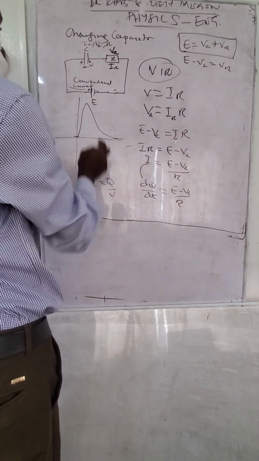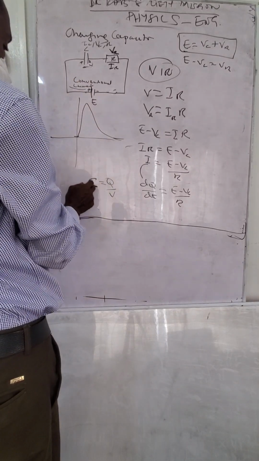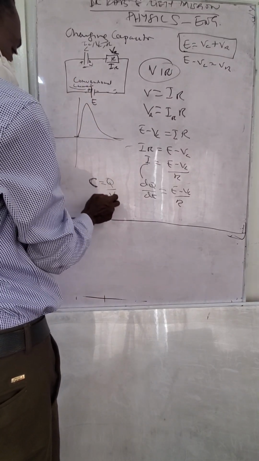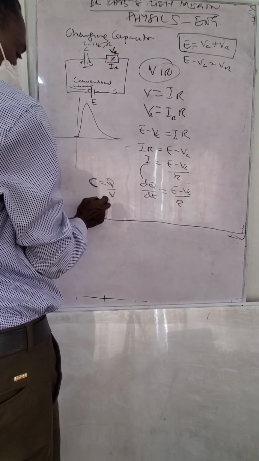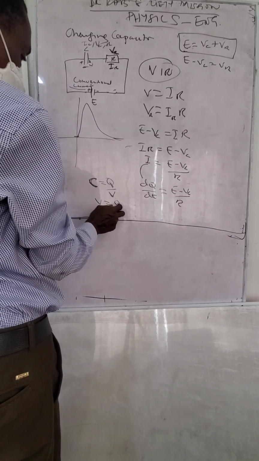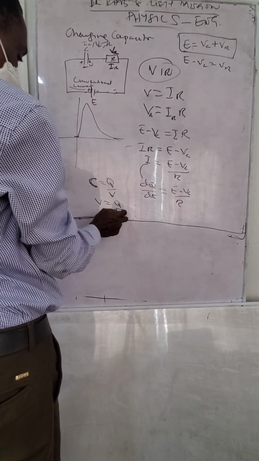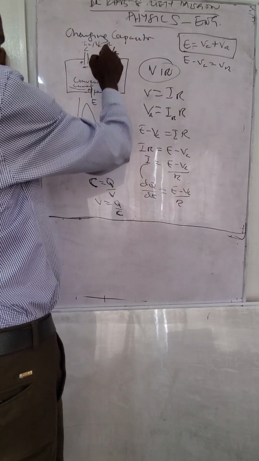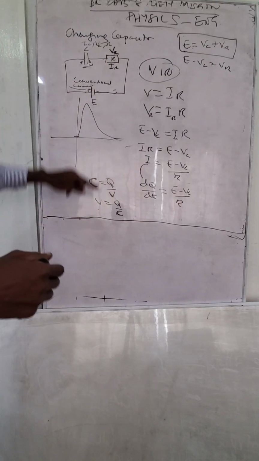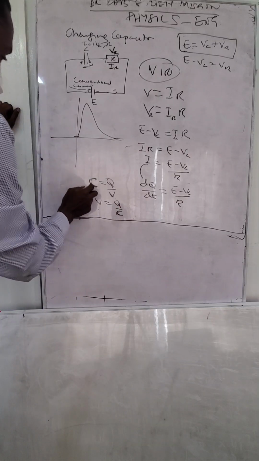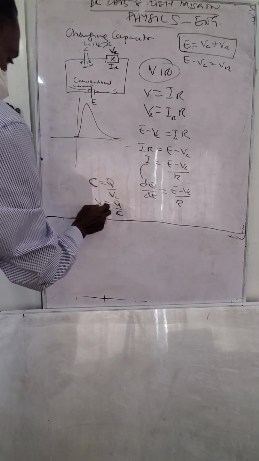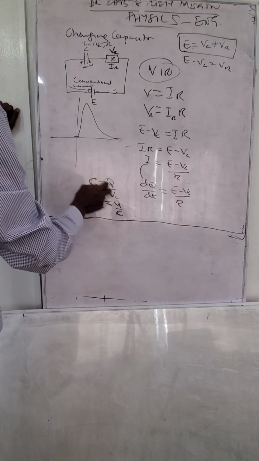So the charge that is coming, the capacitance, and then this is the voltage that we have here. So from here, V is equal to Q over C. It's the same current that is going through. V is equal to the VC. You know, this is capacitance, so this is the VC.